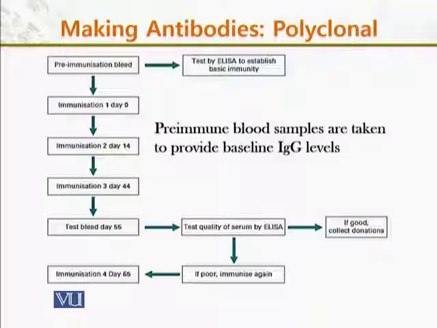The third is after 44 days, and after 60 days, the test sample is taken, and then the quality of the serum is tested by ELISA. If it is good, the immunoglobulin or the antibodies are screened. If not, the process goes back, with further immunization of the animal up to 66 days.